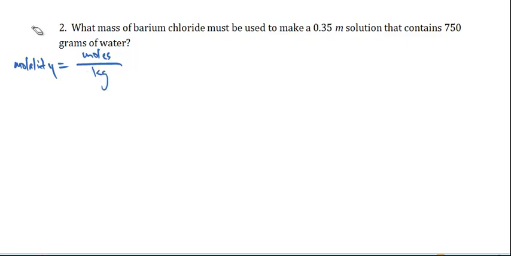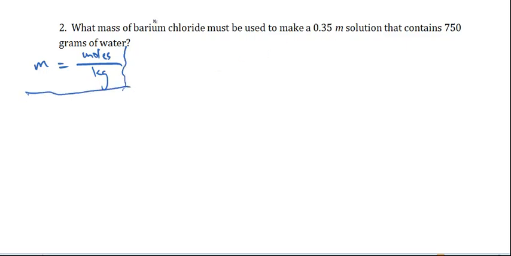And I might abbreviate this a little further by using the symbol for molality. In the context of these kinds of problems, the lowercase m means molality, and that is equal to the number of moles of solute divided by the number of kilograms of solvent. So this will be a nice little reference for us.